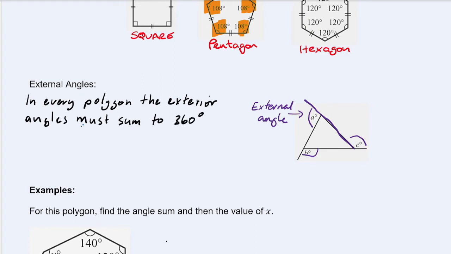So for our example, A plus B plus C must equal 360 degrees. Okay, so that is what we're going to be looking at with polygons today. Let's have a quick look at some examples before we finish up.